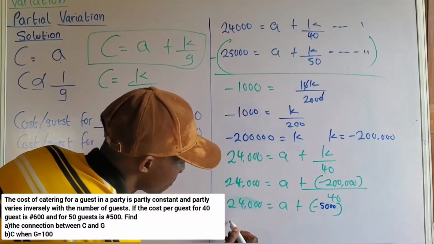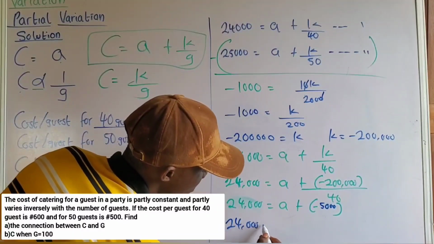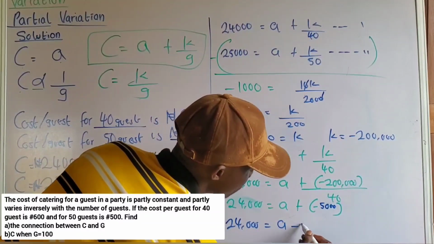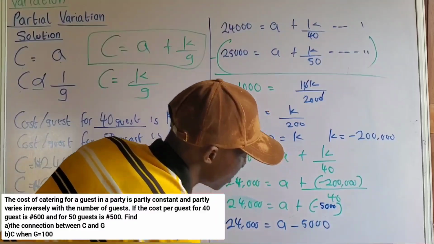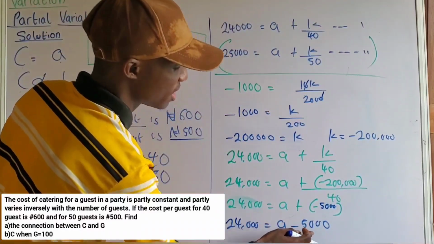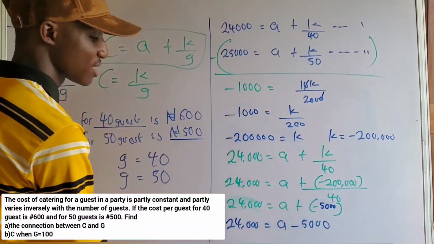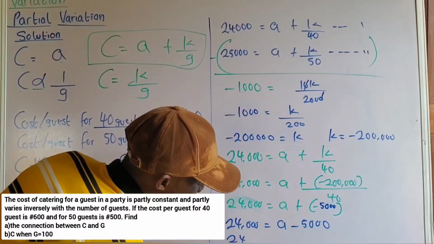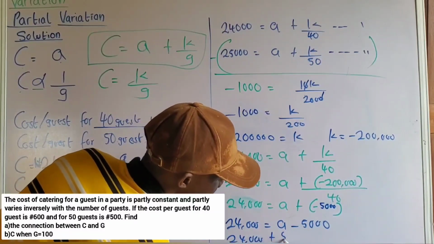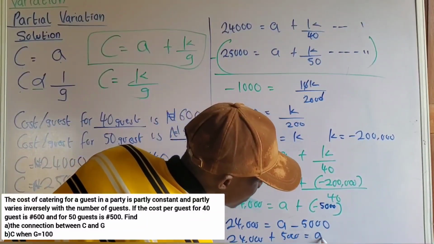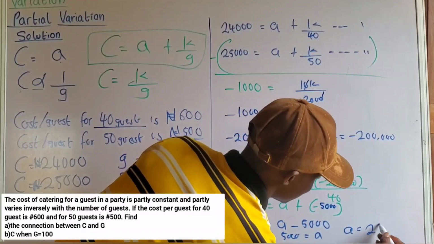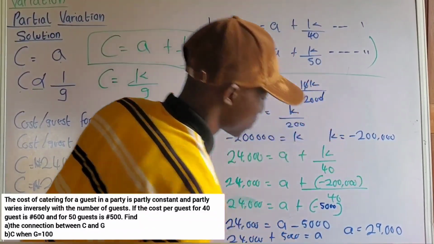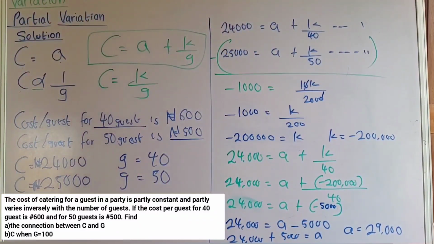So for this, I'm going to have 24,000 equals a minus 5,000. Okay. Now, if you want to get the value of a, you take this negative 5,000 to the other side. I'm going to have 24,000 plus 5,000 equals a. So a equals 29,000. Okay, so the constant A is equal to 29,000.